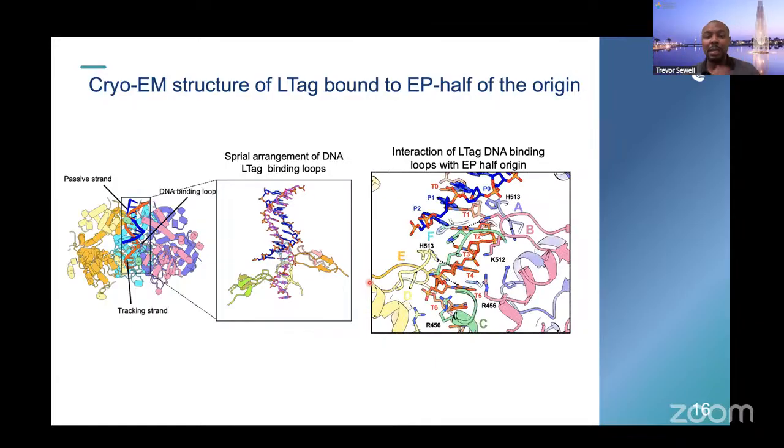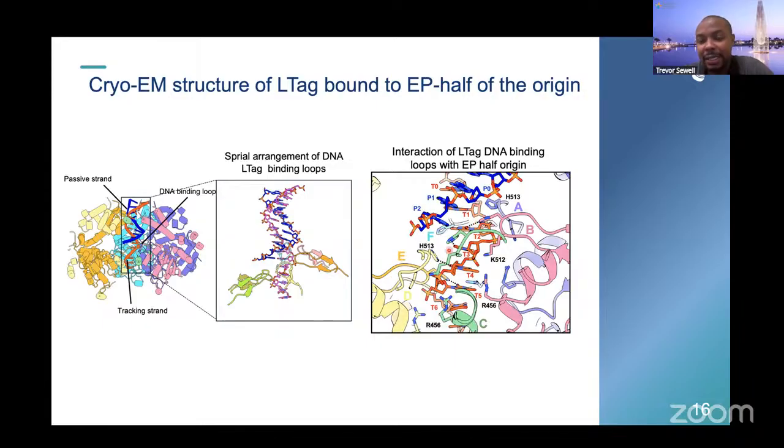If we zoom even more into the interaction at this channel, we see that on these loops, there are specific histidine residues from all 6 loops, histidine 513, that intrude into the DNA minor groove and form a hydrogen bond with the nitrogenous bases of the DNA.